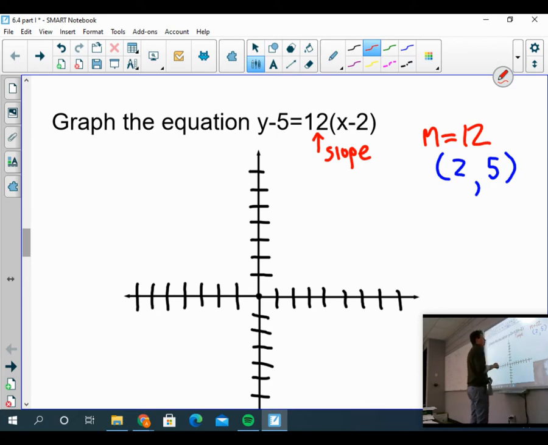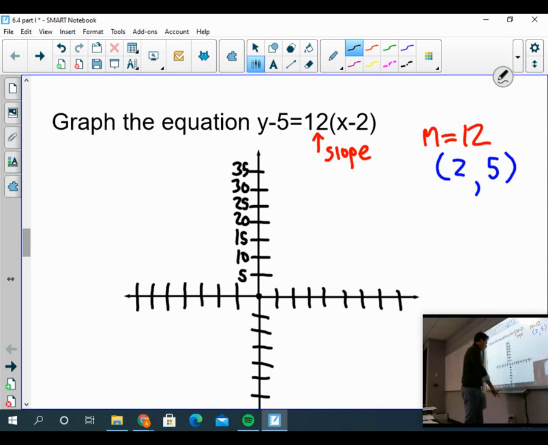Now, since my slope is so significant, it's 12, which means it's going to be up 12 over 1. I'm going to change the scale of my graph a bit. I'm going to go up by 5s. Okay, and then I will still go over by 1s.